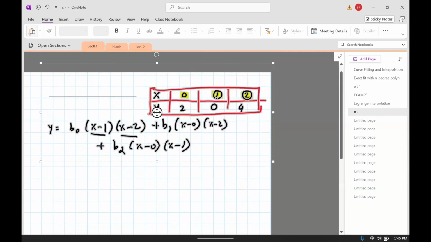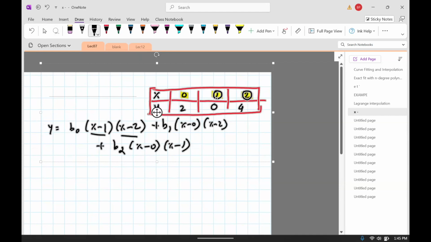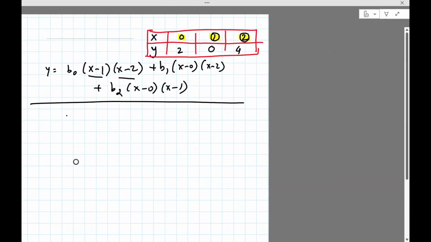Okay, so that's just for reference. Okay, so let's start substituting. Okay, let's put x equals 0, y equals 2.